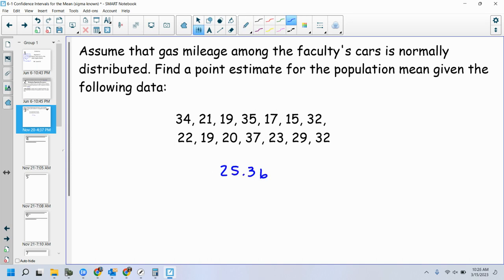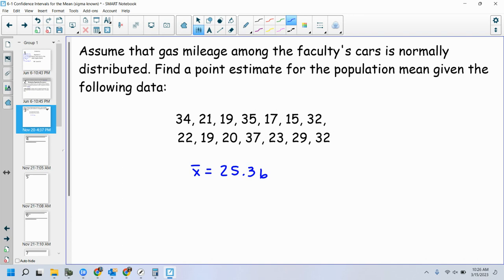25.36. Okay. So here is our X bar, right? There is our X bar. What we're going to be doing today is saying, well, if I create a sample mean, okay, I'm going to take a sample out of there, and I'm going to say my population mean is probably somewhere close to this.